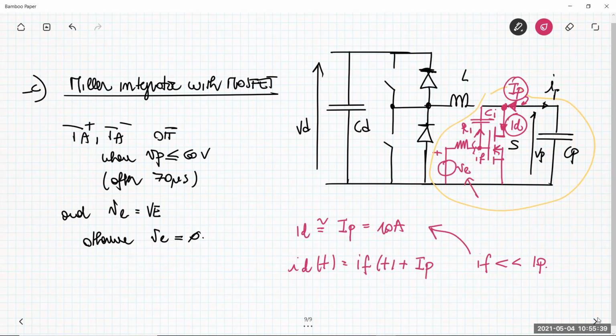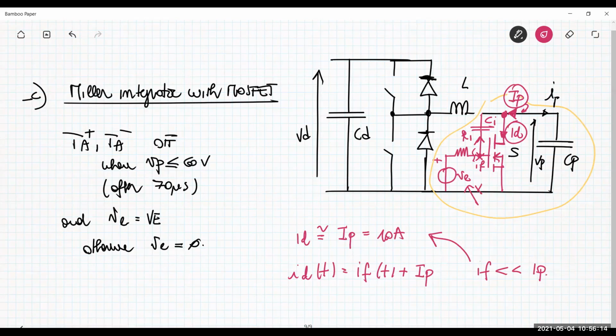Maybe they can remember that when you are exploiting the Miller effect, basically this circuit, which is an amplifier, if you regard this amplifier from the input ports or from the gate source, is like a circuit in which you have an input capacitor CI, which is multiplied by a huge factor, which is basically the amplification of this circuit. So it's like to have a very large capacitor across the gate source. Okay, students in electronics should know this effect. I think that is something that should be well understood.